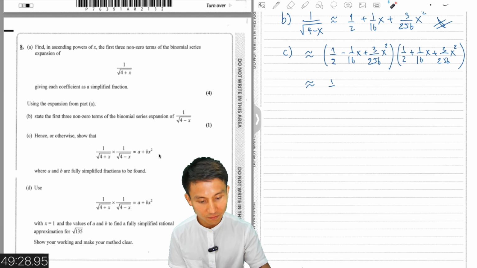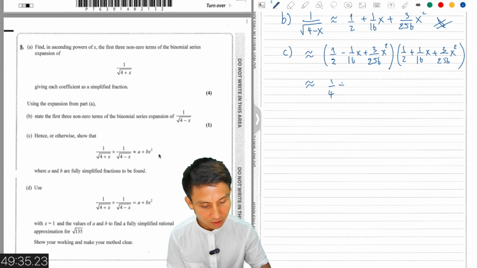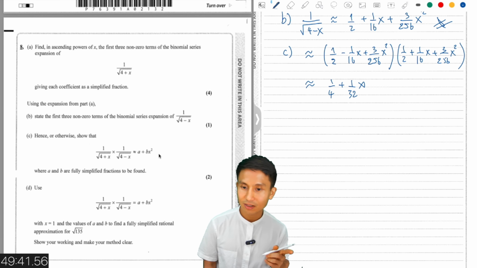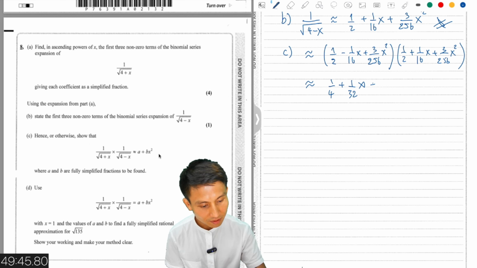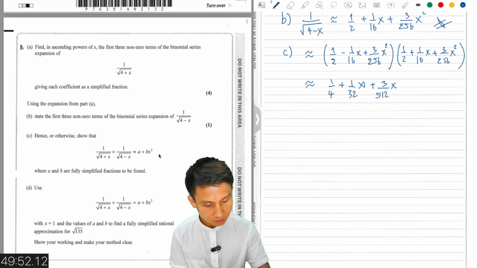Sorry, 1 over 4 actually. That times that. The first times the second, we get plus 1 over 32x. The first times the third is still a quadratic, so it's 3 over 512, right? x squared.